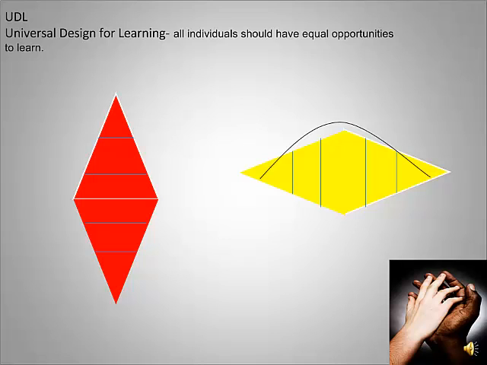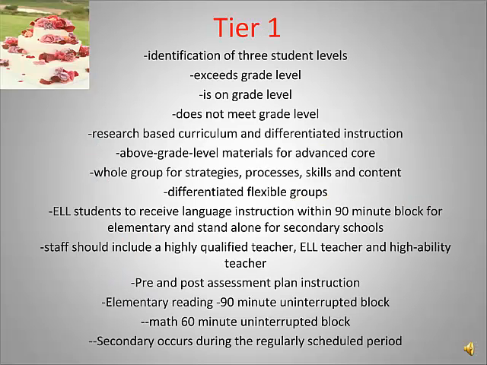And this is some explanation about what fidelity of implementation is. Again, it needs to be scientifically based research, and as administrators, it's really important that you make sure that the interventions your classroom teachers are using are scientifically based.